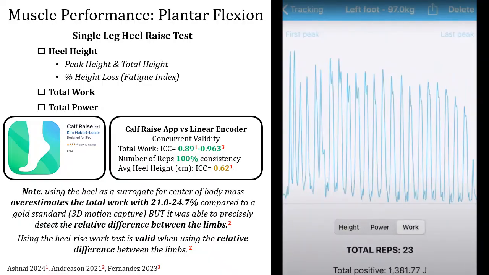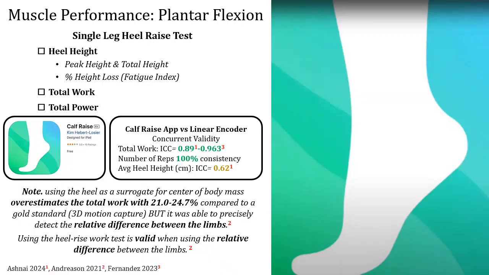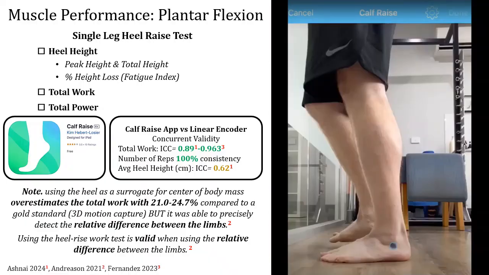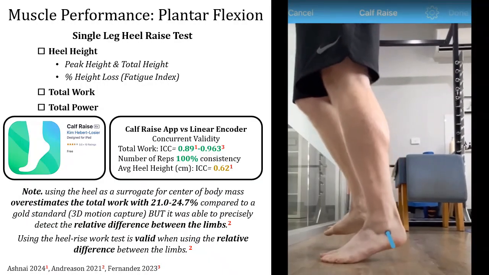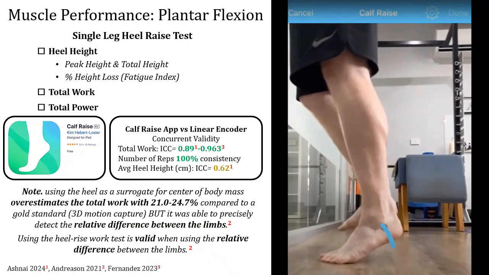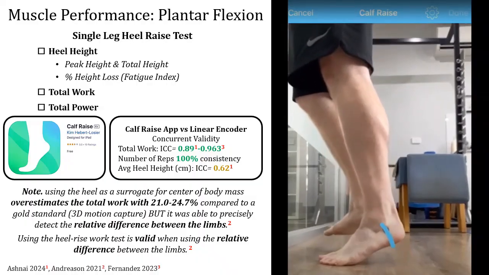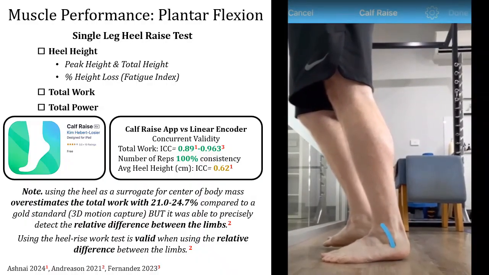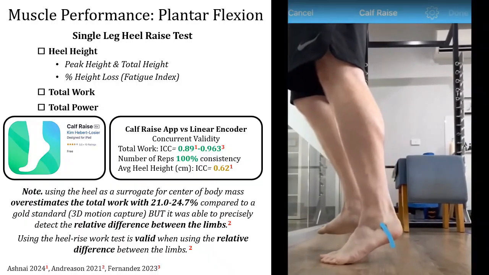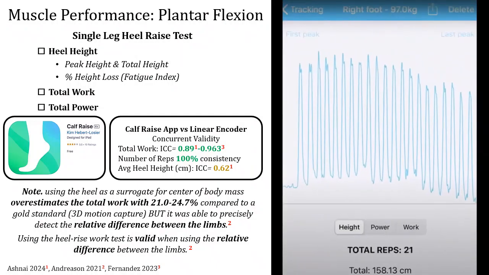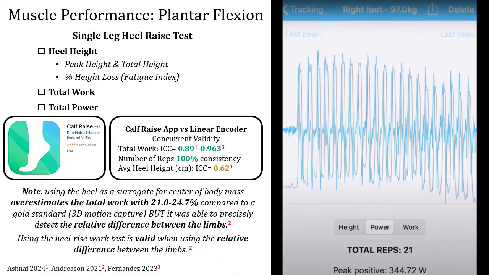And we also know that the heel rise work test is valid when using it relative to the difference in the other limb. It's also important to note that total work is a more granular and more valid metric to determine disability after Achilles rupture and or repair than is heel height or number of repetitions alone.